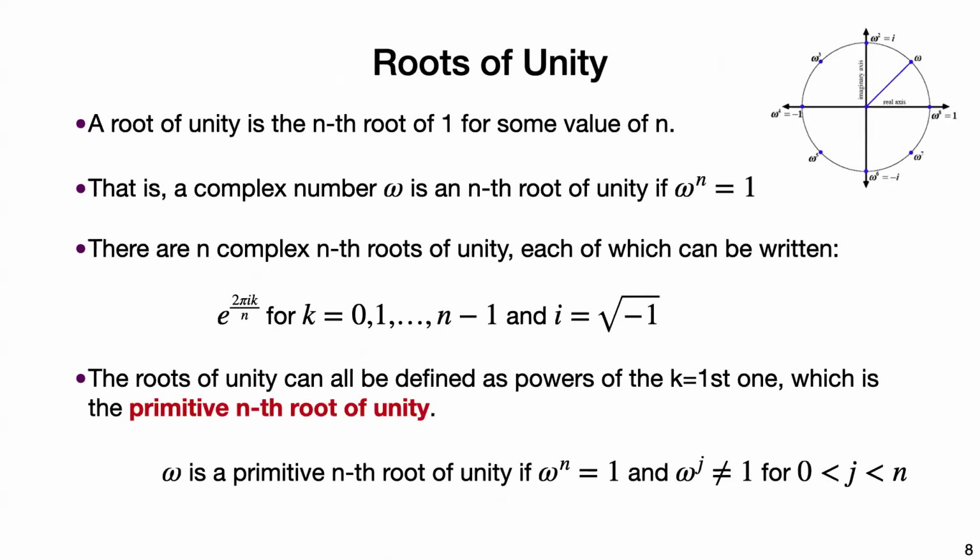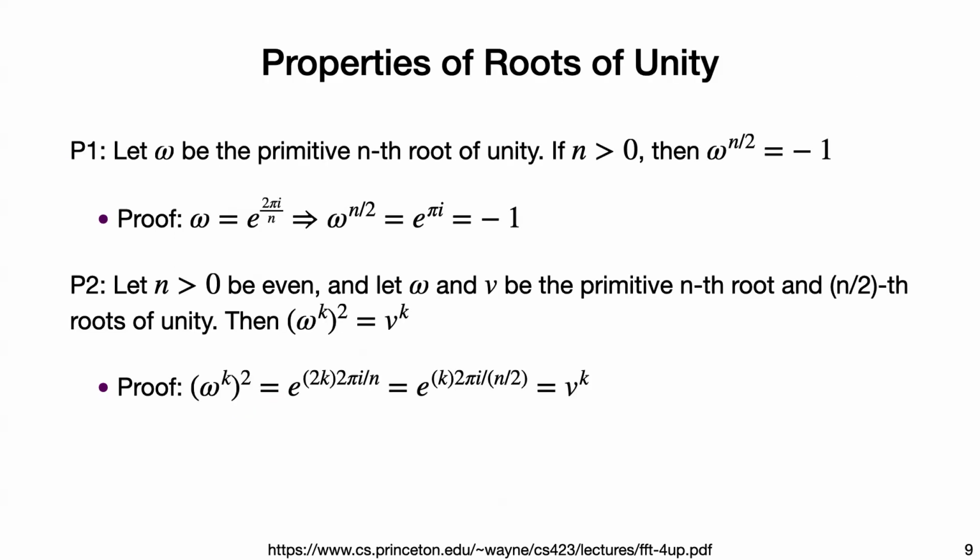Looking at this example, k goes from 0 up to n over 2. And this is saying that omega to the k times 2 covers the second half of this space, from n over 2 up to n.